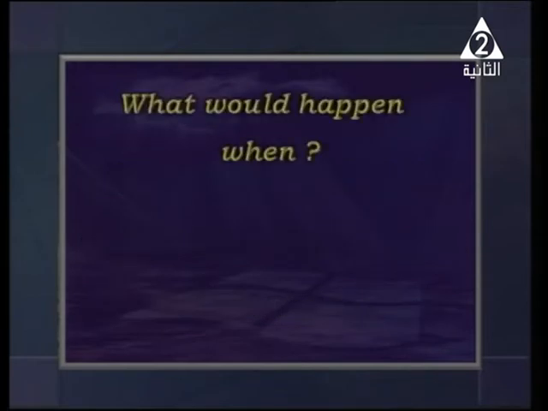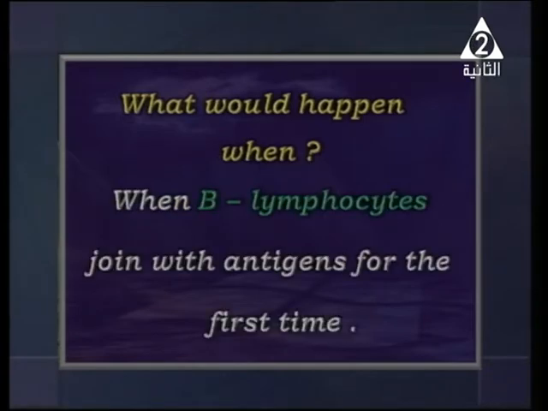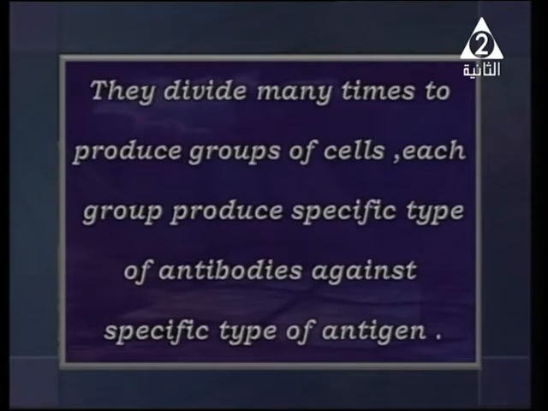But the question here is, what would happen when the B lymphocytes join with the antigens for the first time? This is one of the most important questions in your lesson. Number 1, they divide many times to produce groups of cells.